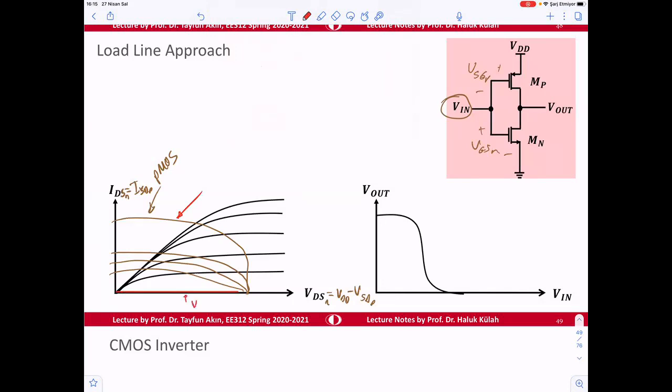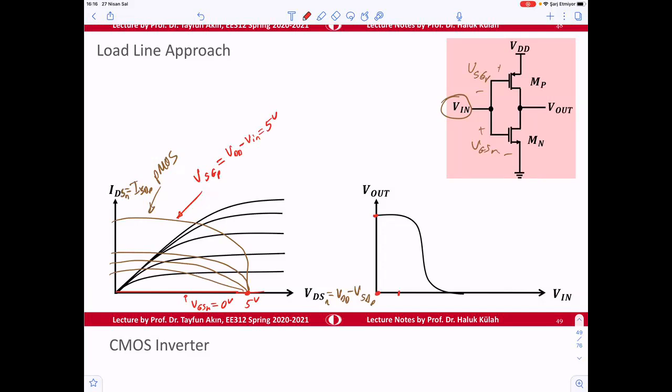Let's say the gate to source of N is equal to 0 volt. Here is V source to gate of P, equal to VDD minus Vin. So therefore, this is going to be 5 volts. So the 5 volt graph will be used corresponding to this one. So the solution is going to be 5 volts. That's what it is if input is equal to 0 volts. Right? Input is 0, output is going to be 5 volts.